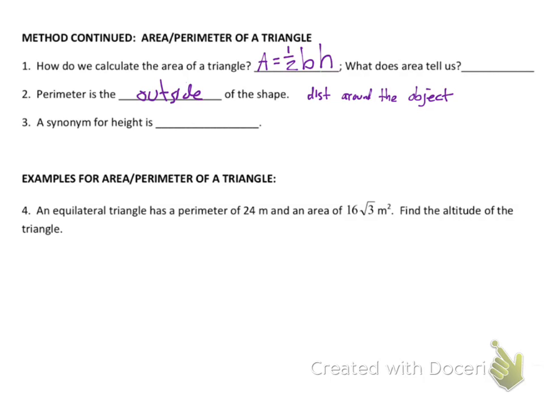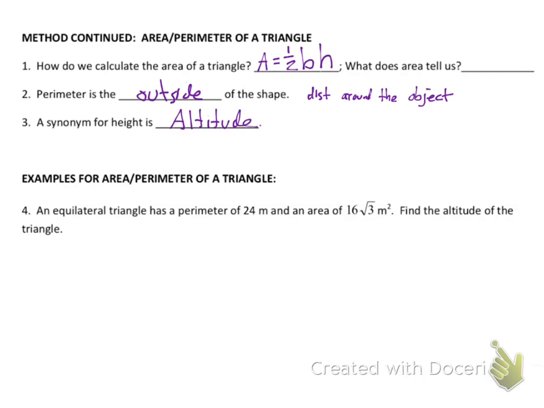I like that. Altitude, you guys have an attitude, but it's close, I guess. It's an altitude. So, guys, our problems in this book are going to use the word altitude instead of height.